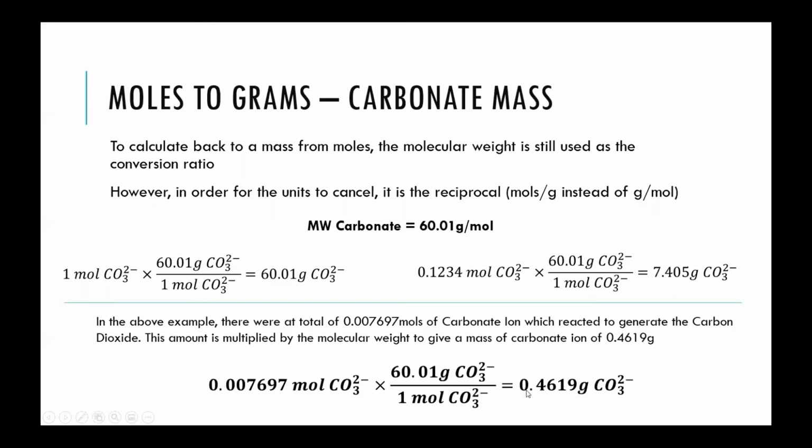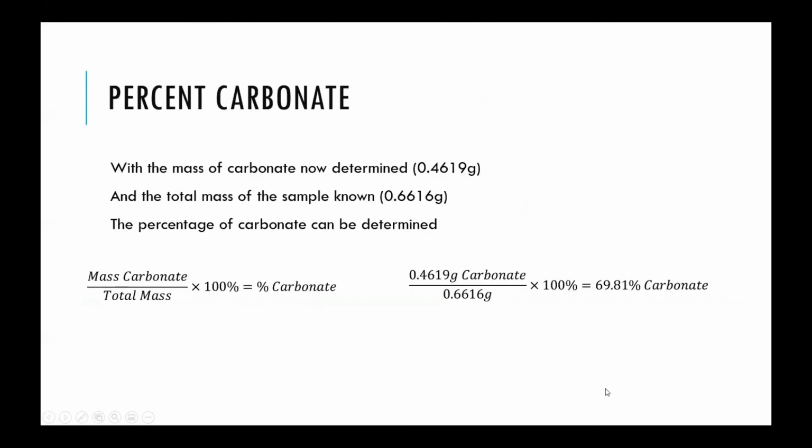Once you have the mass of carbonate, you can then figure out what percentage of the whole sample this carbonate was. You have the mass of the individual component, and you have the total mass that was the first measurement.